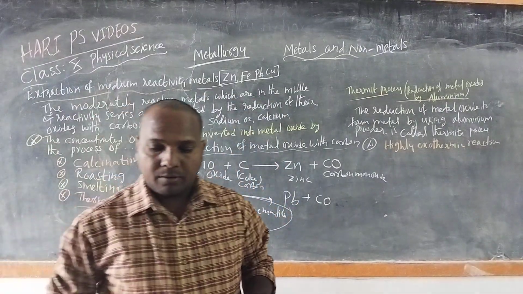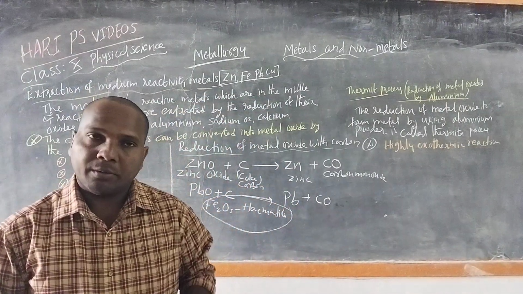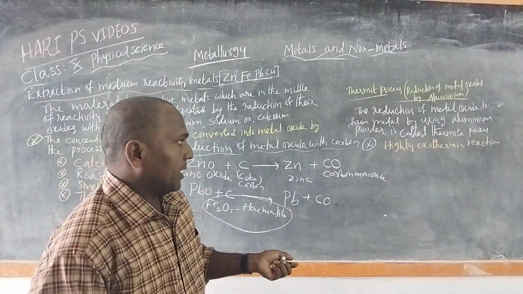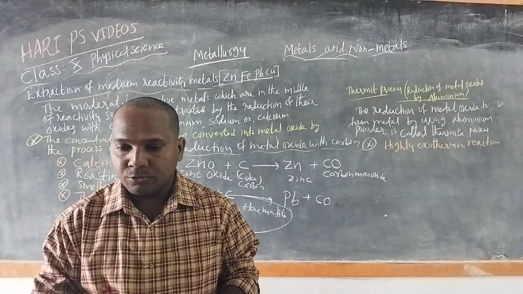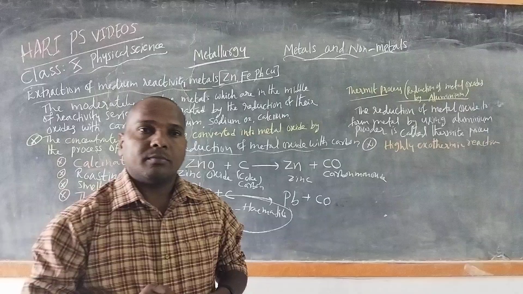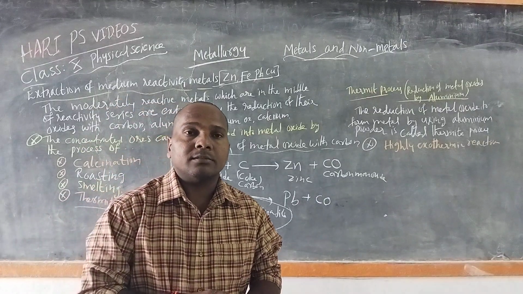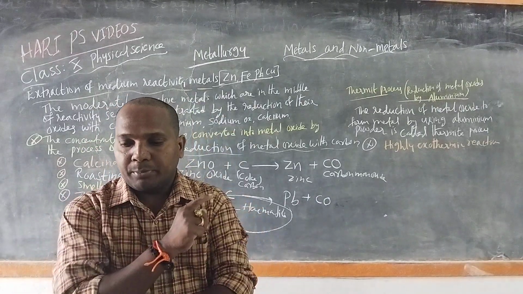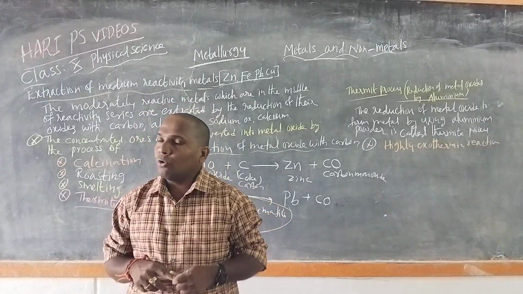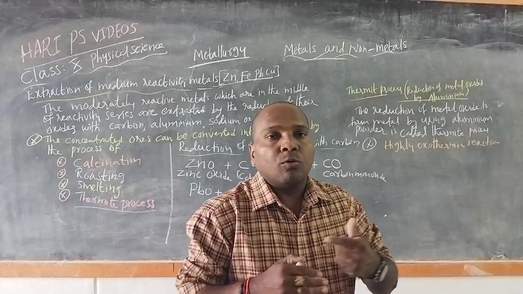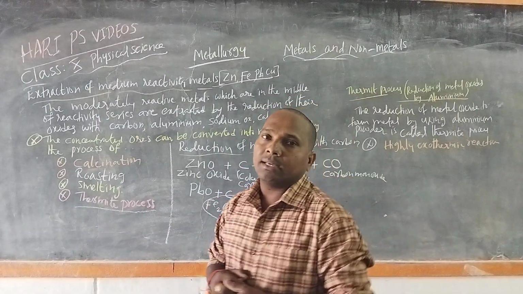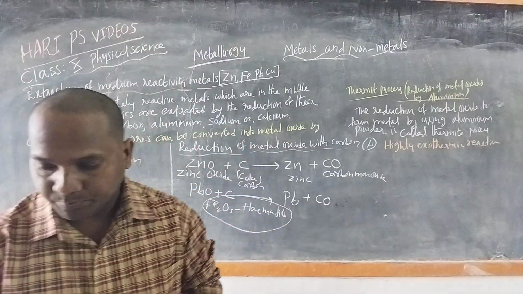The reduction of metal oxides with aluminum, for example iron oxides reduced by aluminum, is called a thermite process. As we know, if heat energy is liberated in any chemical reaction, we say it is an exothermic reaction.